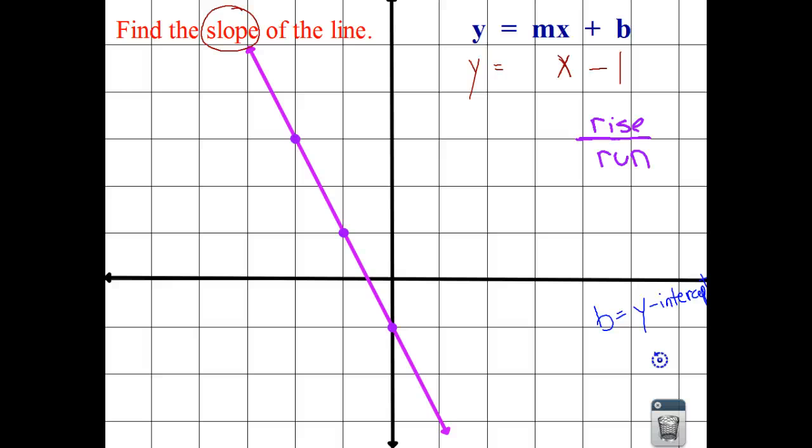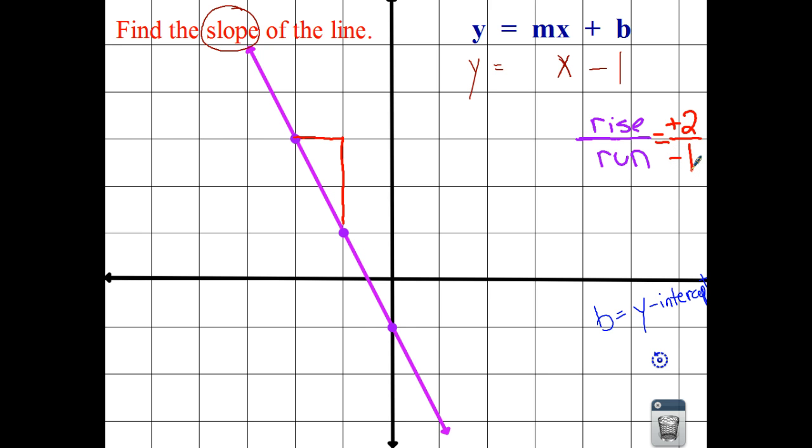Looks like I could form a 90-degree triangle here by doing my rise. Rise is 1 unit, 2 units. So that would be my numerator. So if I rise 2, that means +2 over my run would be to the left 1 unit, and left means -1 unit.